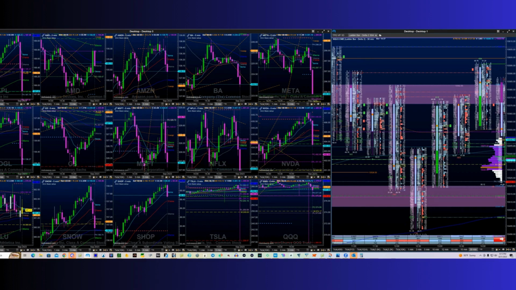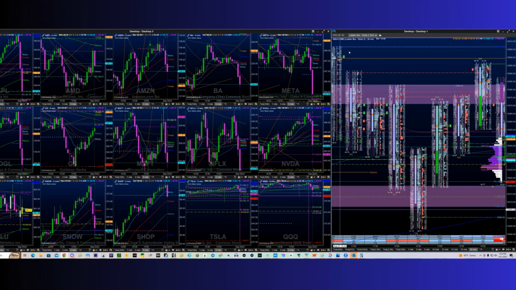You can do some TPO, with the letters for each A period, B period, and all that, but not footprint as far as I know. You're going to have to transition to one of these other platforms that offers it. Maybe there'll be an update in the future for them, which I think would be beneficial, but I don't know if that's something they would consider.